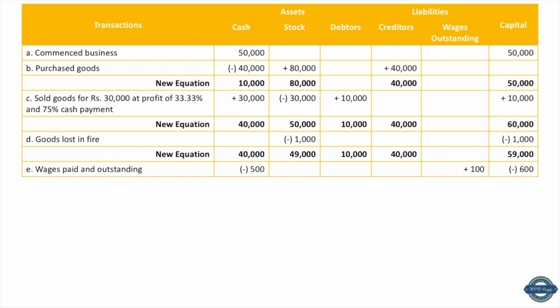It means it is an expense that is yet to be paid. So therefore, we owe this amount. So this will go under the liabilities column for rupees 100. And the total expense for this accounting period is 600. So we will affect the whole amount under the capital column.